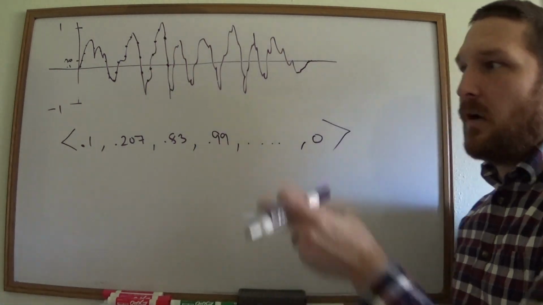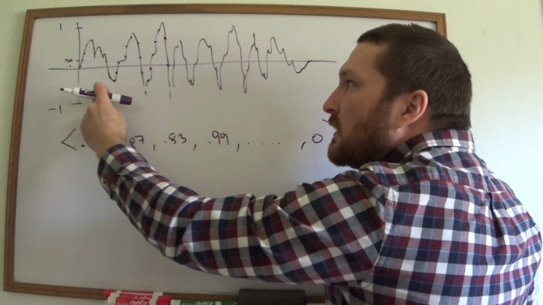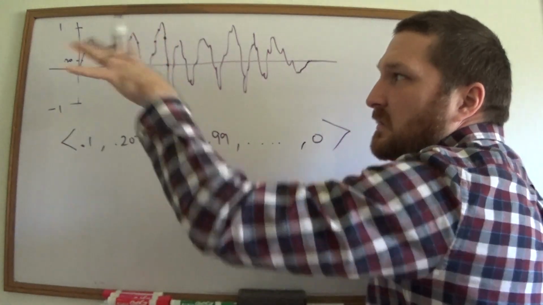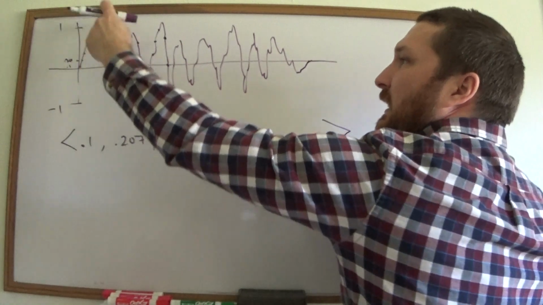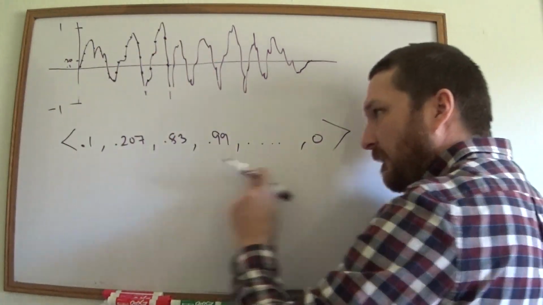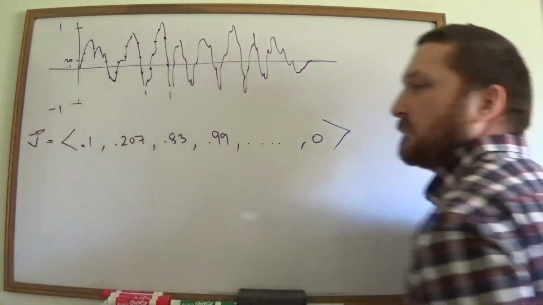Ditto with seismograms. This is what my wife does for a living. She looks at stuff like this. They take raw data from stations out in Washington or wherever, and when they move around, it collects data like this, sampling at some certain frequency, and this is the vector that she works with.